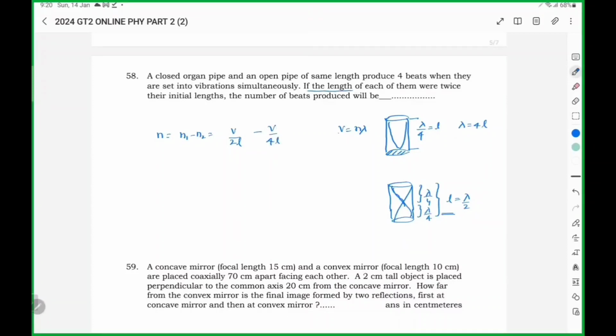If the length of each of them is doubled, how do we calculate the number of beats? V by 4L minus V by 8L, since length is doubled. It becomes V by 8L. That means earlier it was V by 4L, now the number of beats becomes V by 8L, which is half of that.